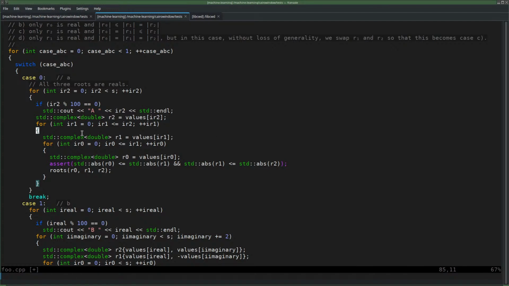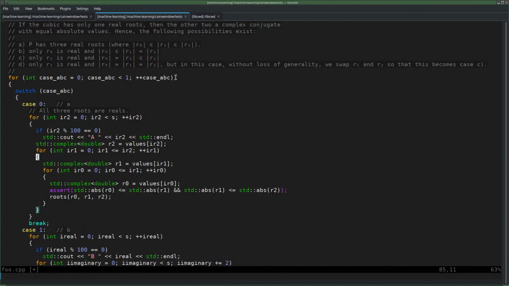Standard complex. Okay, and since these things were sorted by absolute value, if the index of R1 is less than or equal the index of R2, then the absolute value will be less or equal. So by stopping on this condition here, we assure that this is the case.